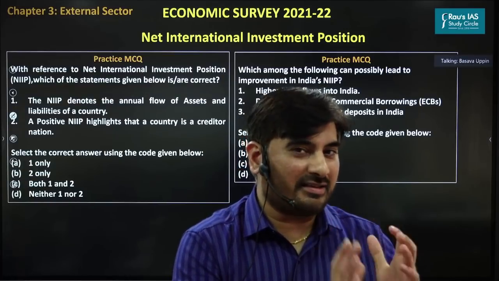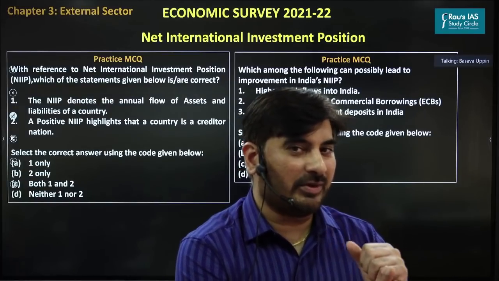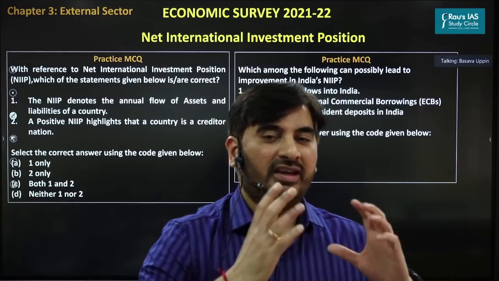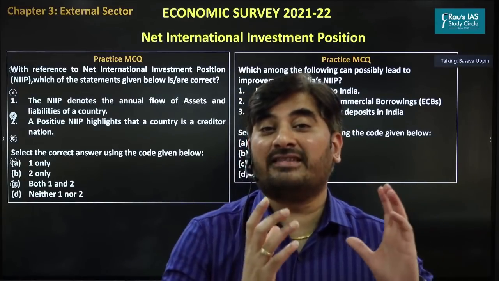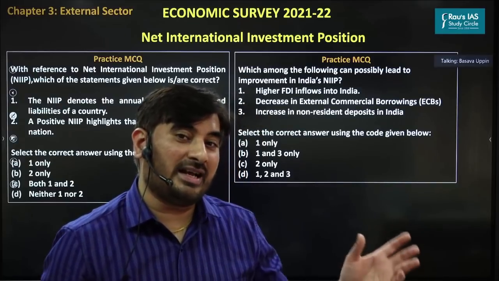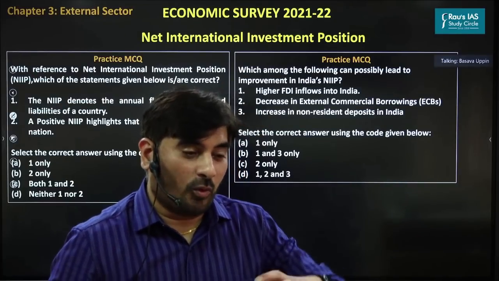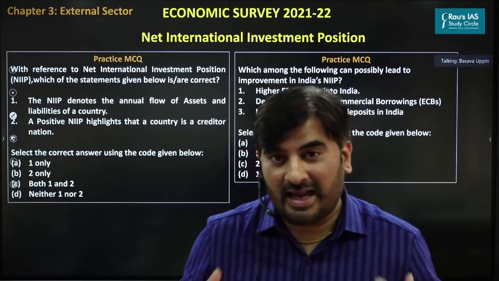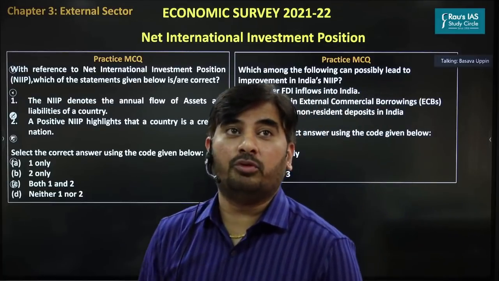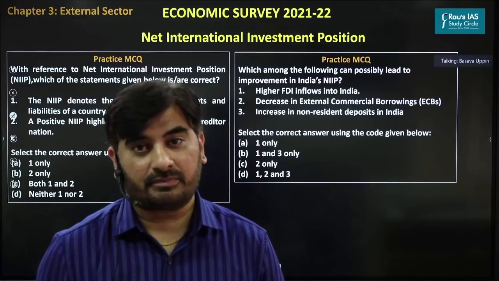BOP will only tell us how much money is coming in and how much money is going out. But because of this inflow and outflow, we may have accumulated assets in other countries. Foreign residents may have accumulated assets in India. So what is my total stock of assets and liabilities? That is denoted through the net international investment position, NIIP.